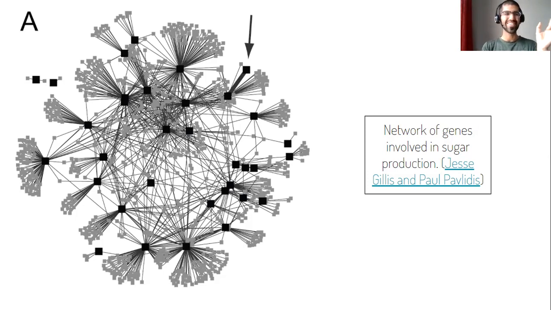Anyways, maybe that's too many genes, but you can see every single block here, every single square, is a gene, and every single connection represents which genes interact with which other ones, which genes stumble into which other ones in order to get a certain trait to come about.